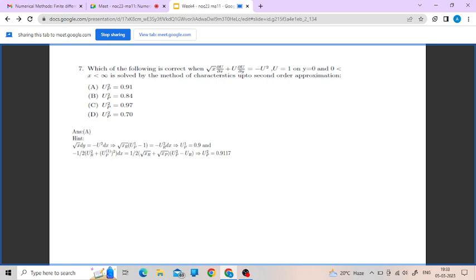That implies up2 square is 0.9117. So the answer will be A, up2 equals 0.91. Just check it. Solve up to second order approximation. Are you getting up2 as 0.91?